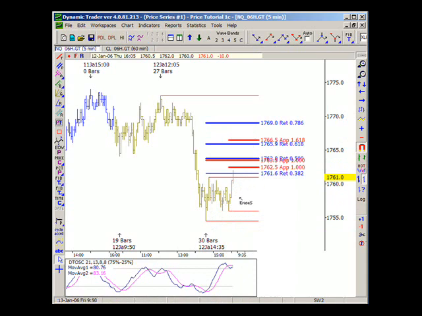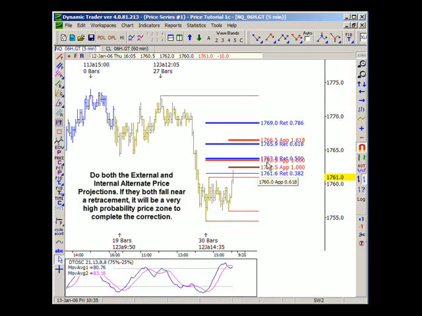I just erased the 62% alternate price projection because it was below where the market's trading. So look where the 100% is. It's just below the 100% external alternate price projection, which is right near the 50% retracement. So I'm just going to click off that 38% retracement.